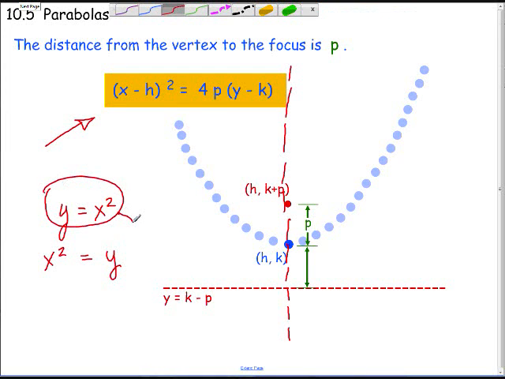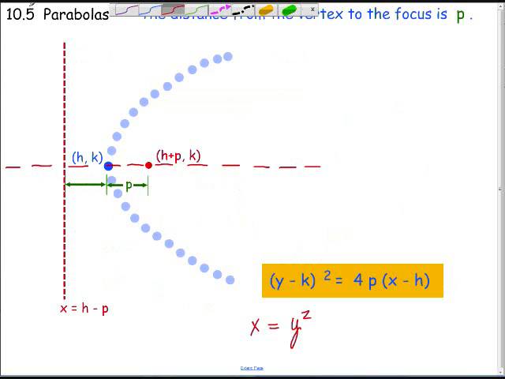This is our old friend with the x term squared. This is a new one with the y term squared. But the same thing applies with regard to how you define it.